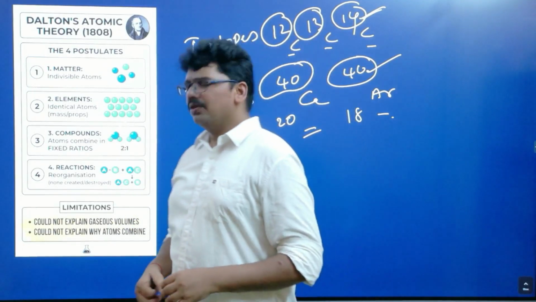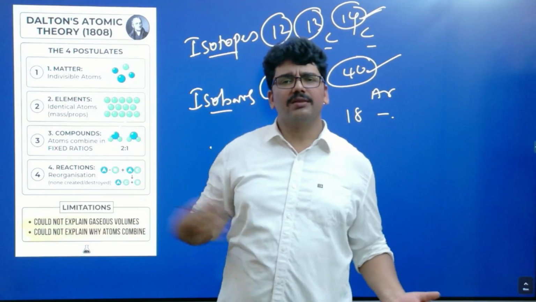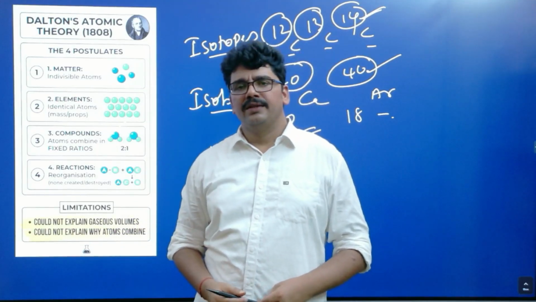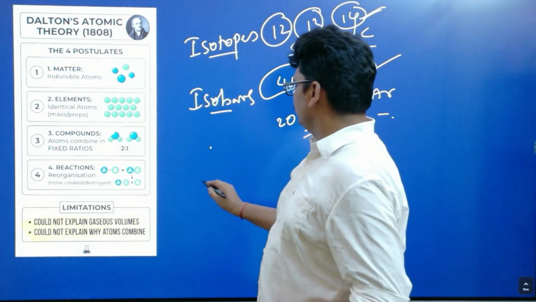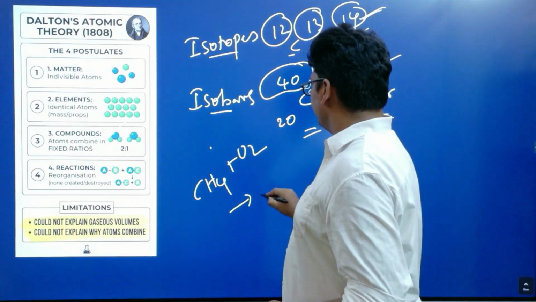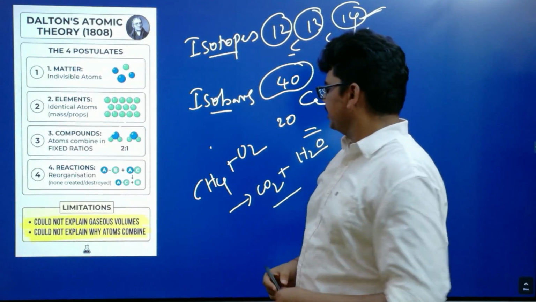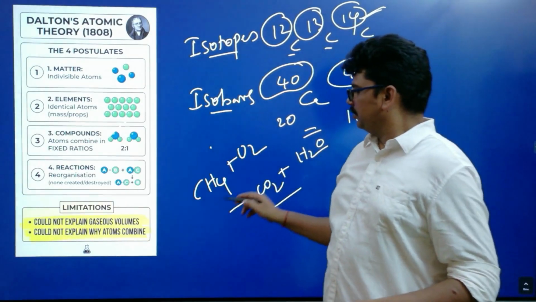Next, reactions. In simple words, a reaction is nothing but reorganization: breaking of bonds and making of bonds. For example, CH4 combines with oxygen to produce carbon dioxide and water. How does this chemical reaction take place?